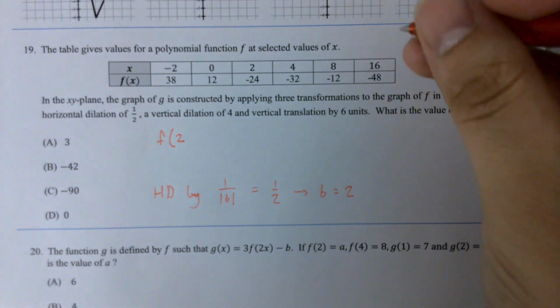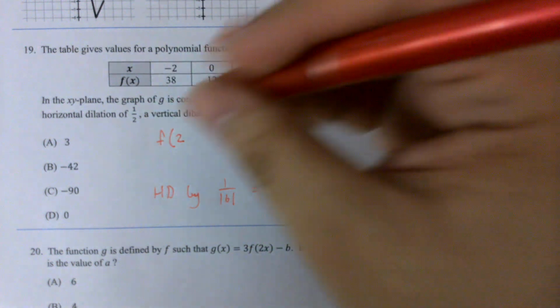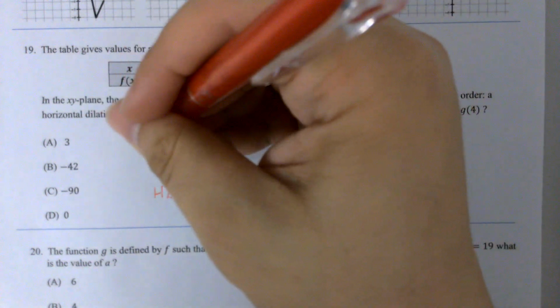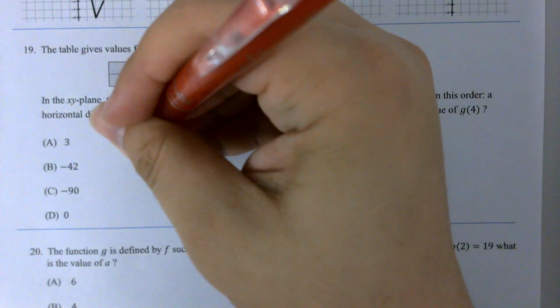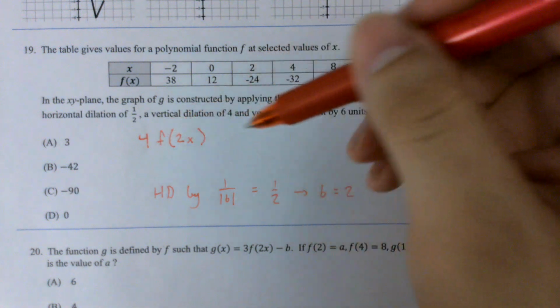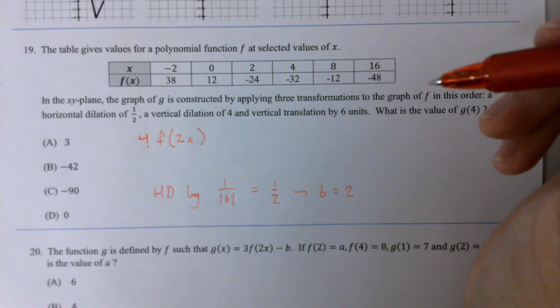So we have f of 2x. Then they do a vertical dilation of 4. So vertical dilation of 4. That one's nice because it's just a 4 out front. And then a vertical translation by 6 units.